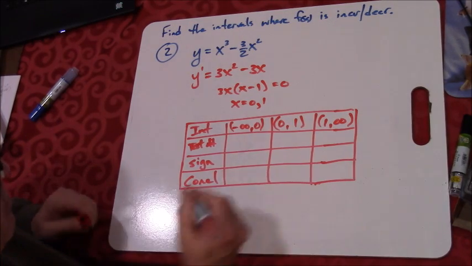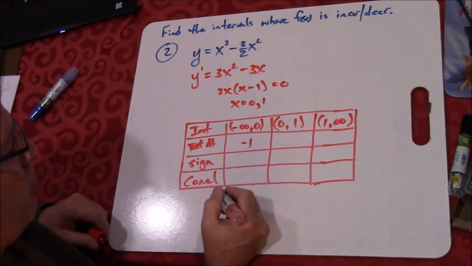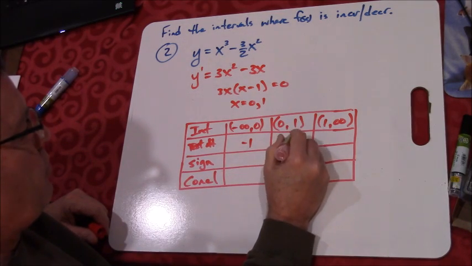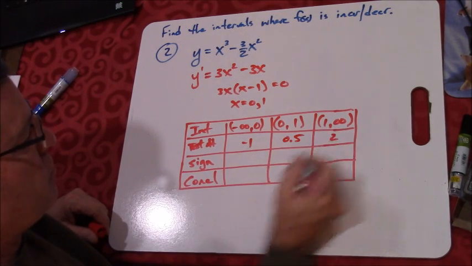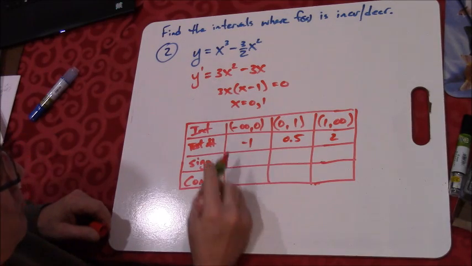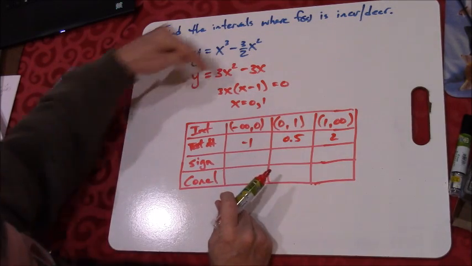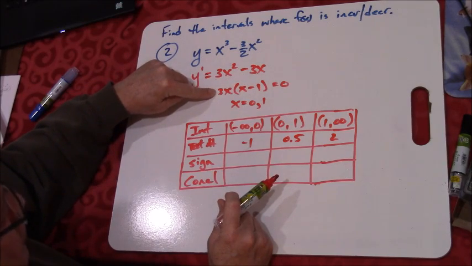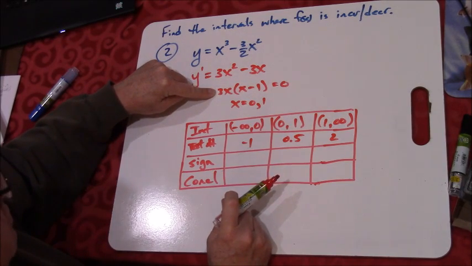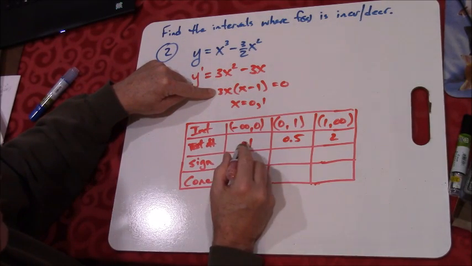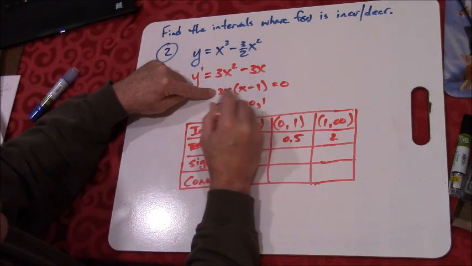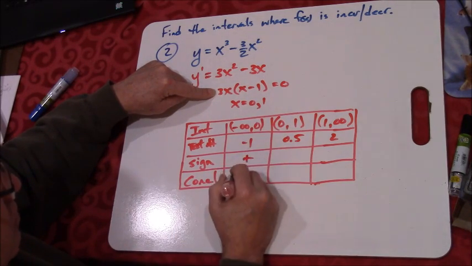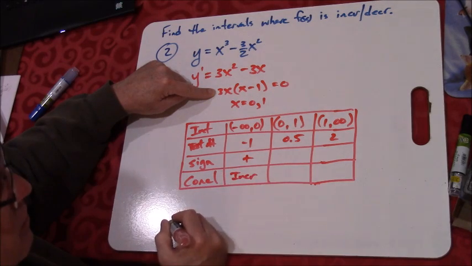All right, my test numbers, so I'll choose -1 here. Here I'm going to choose 0.5, and here I'll choose the number 2. So when I plug these back in, you can plug it into the original derivative if you want, but the factored form is always going to be a little bit easier. Right? If I plug a negative in here, I've got a -3 and a -2. Negative times a negative is positive, so I know we are increasing right here.